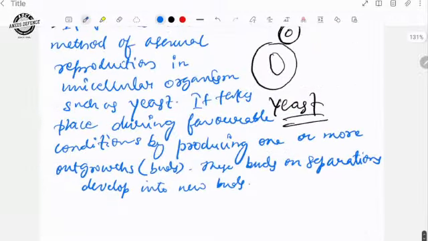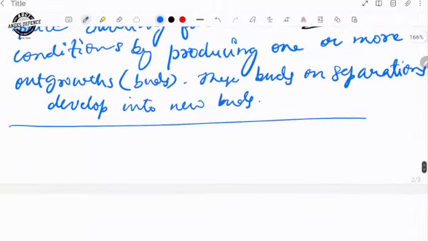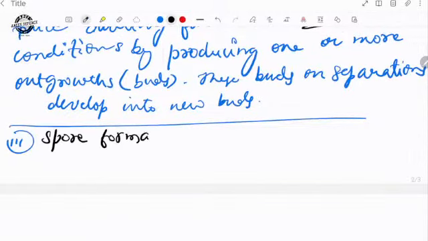Next one is spore formation. Spore formation means in the parent's body the formation of spores takes place.